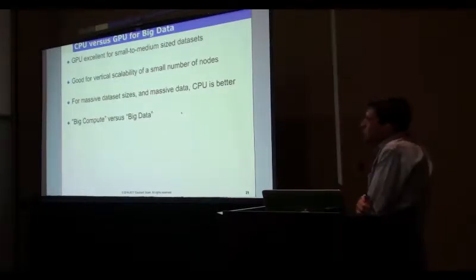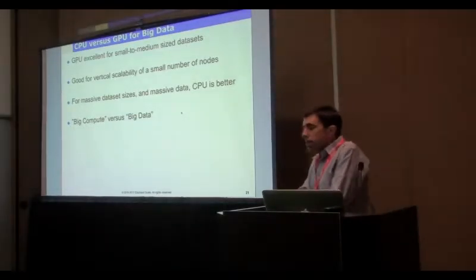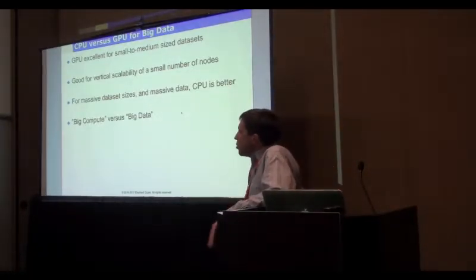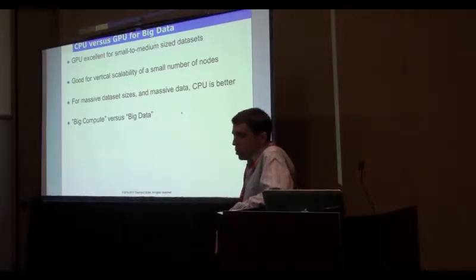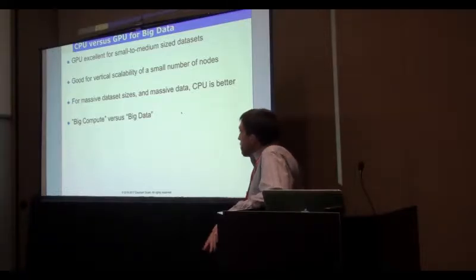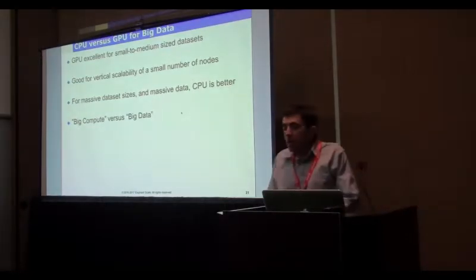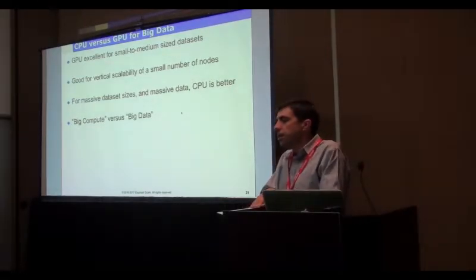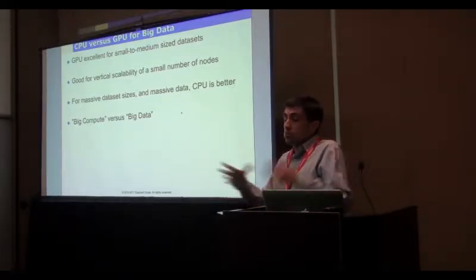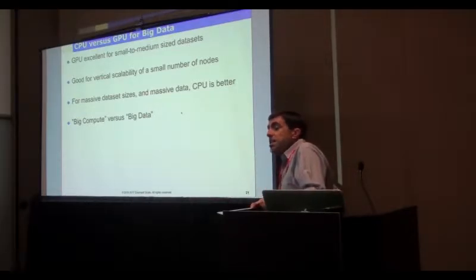GPU-based acceleration is definitely excellent for small to medium-sized data sets. So when you have a relatively small number of nodes, we definitely want to go for GPUs, because GPUs give us a level of parallelism that we can't necessarily get otherwise. But if we have massive clusters and massive data, then CPU is actually much better, because we end up with the problem of sometimes too much compute in the form of GPUs and not enough I/O bandwidth to feed them.